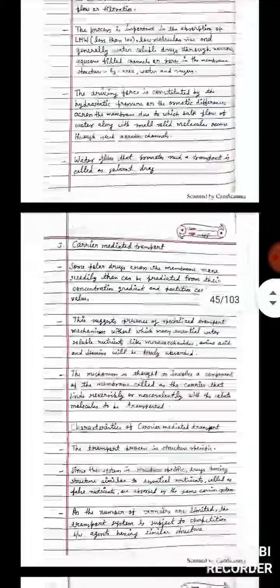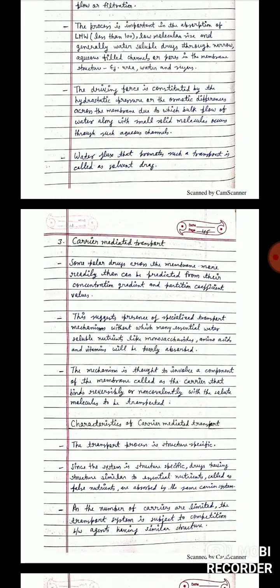Next is carrier mediated transport. What is carrier mediated? It needs a carrier for the transportation, as the name suggests. The carrier is a protein with an uncharged outer surface that allows the drug to be soluble within the lipid of the membrane. The drug binds reversibly and non-covalently with the molecules to be transported.